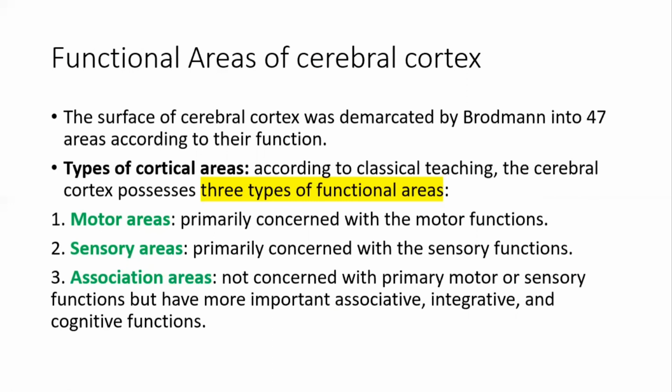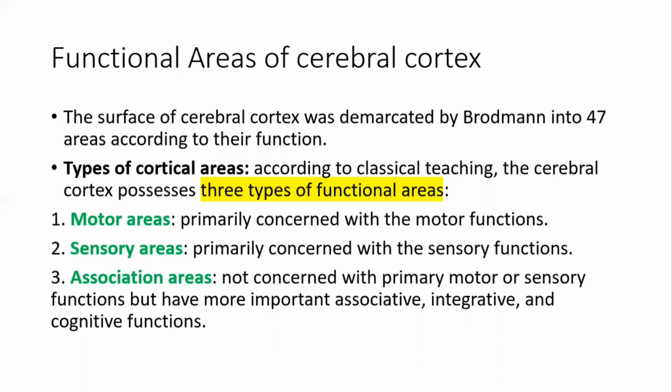So the motor ones are the ones that are concerned with the motor functions. The sensory ones are the ones that receive the information from the peripheral nervous system and take it to the central nervous system.